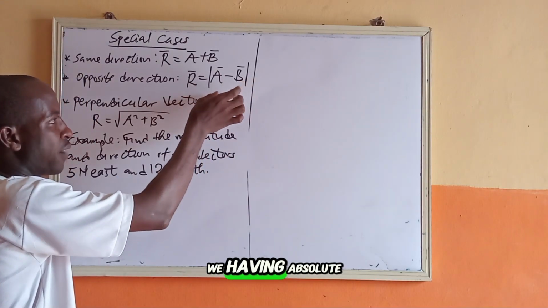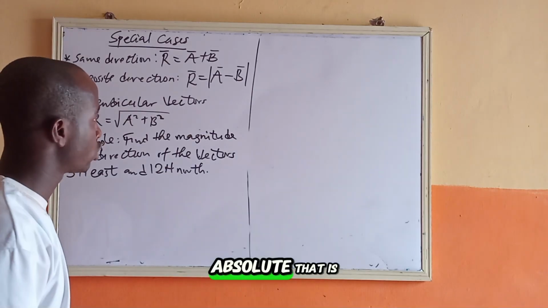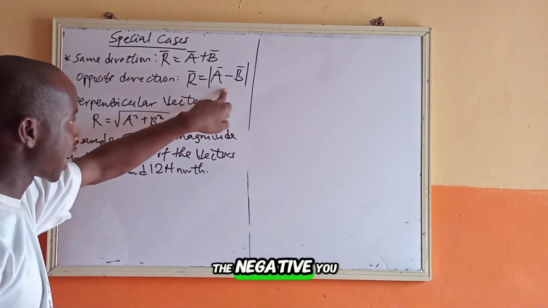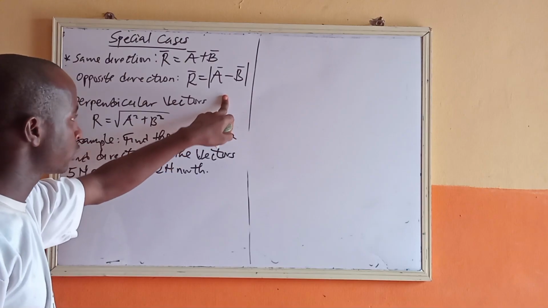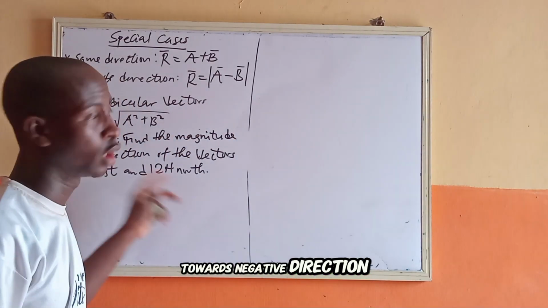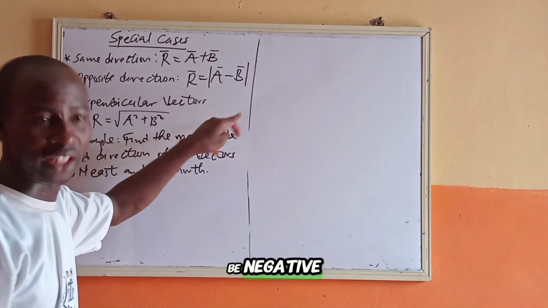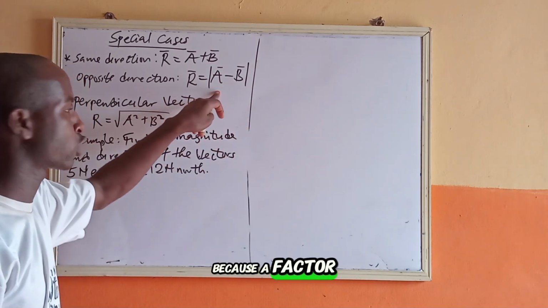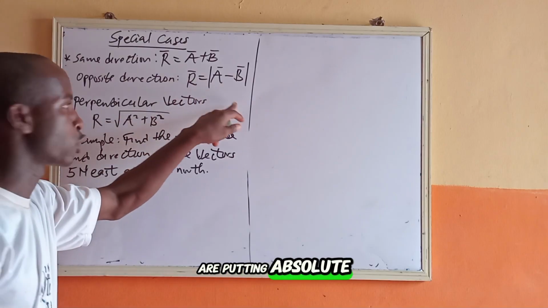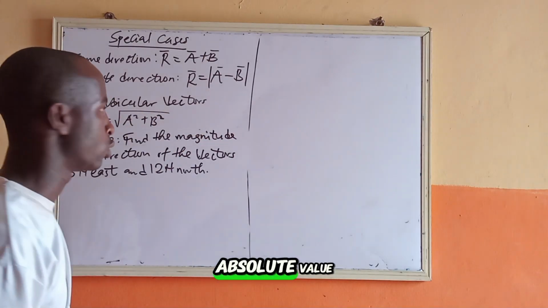And that is why we have absolute value. That is to tell you that if you get negative, the negative you are getting here means it was towards negative direction, but your final answer will not be negative because a vector cannot be negative. So that's why we are putting absolute. This symbol means absolute value.